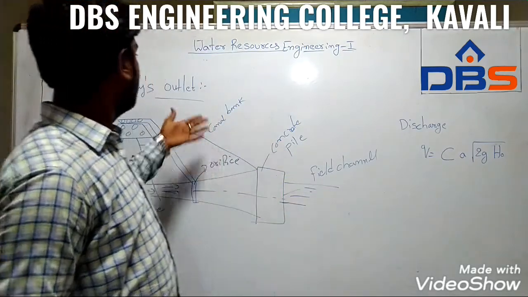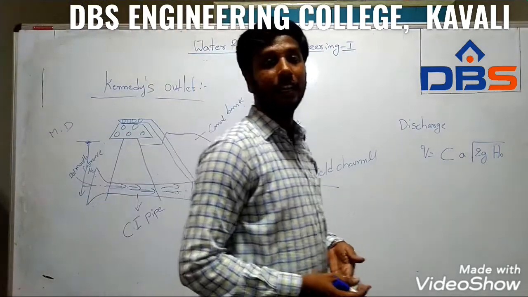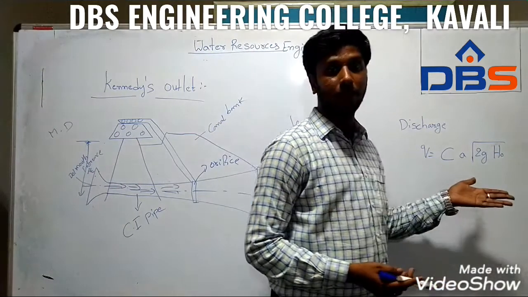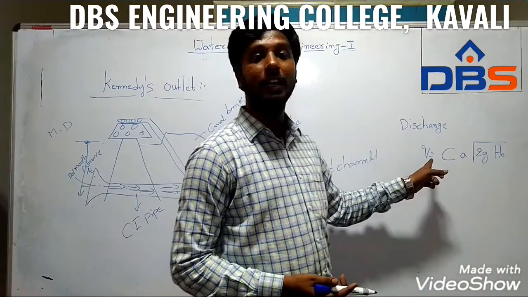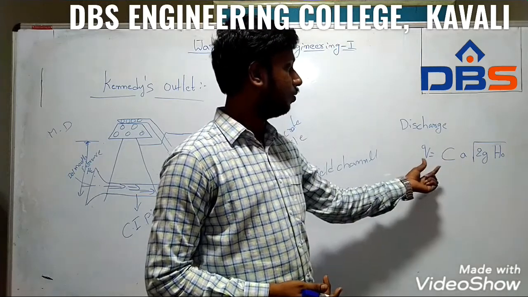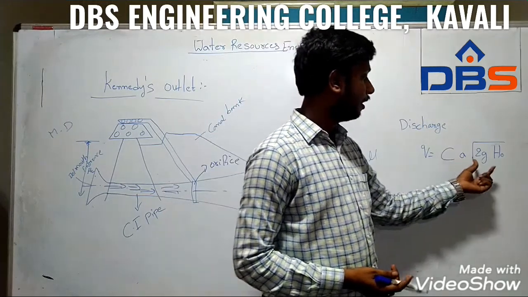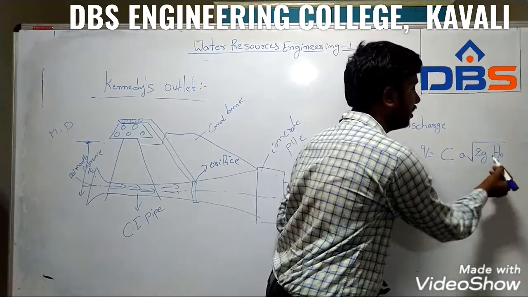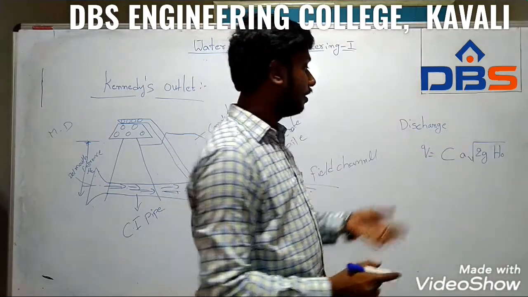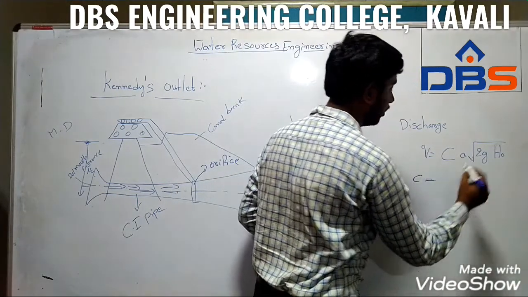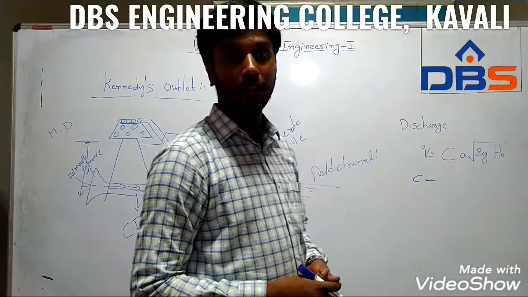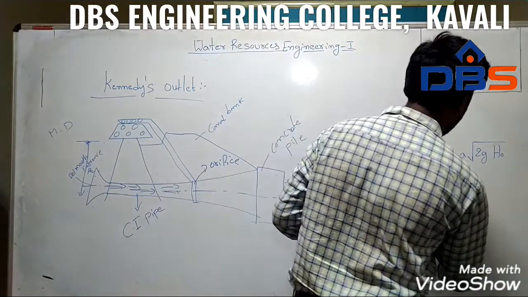In this Kennedy's outlet we calculate the discharge by using this formula: Q is equal to C A into square root of 2 g H0. See here, C is the coefficient of discharge. It is mainly taken as 0.97.